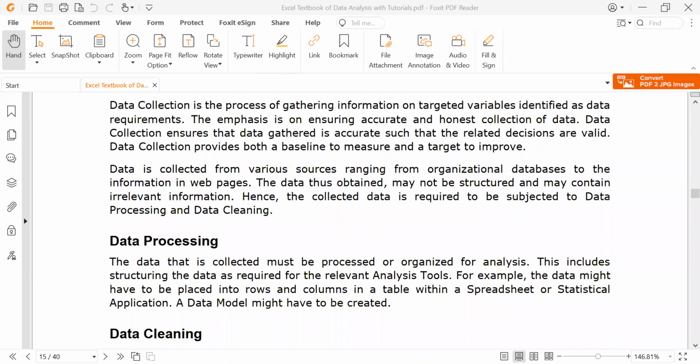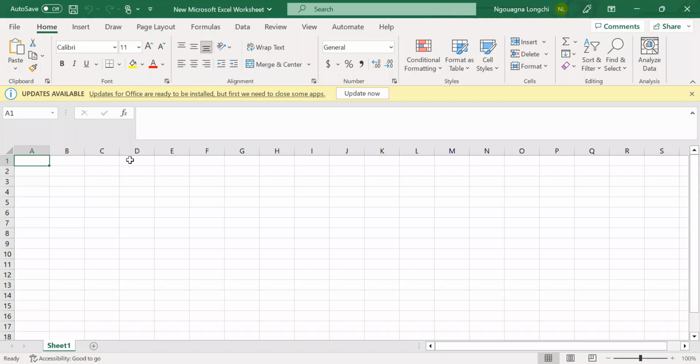But I will not go without maybe opening an Excel sheet. So let me get one. And then I can share my screen. Okay, I'm sharing the screen now. This is an Excel window, which we are going to see tomorrow.